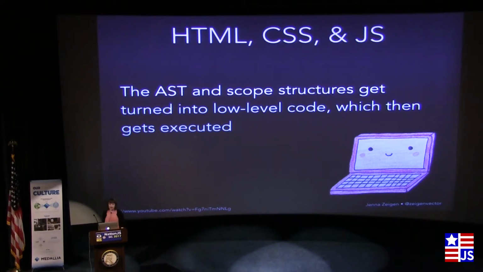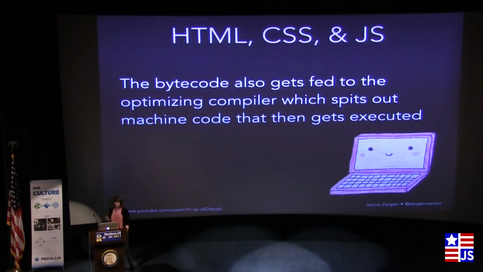Then the next step for V8 is that the bytecode gets executed by an interpreter, which is called Ignition. The bytecode is also then fed to an optimizing compiler, which recompiles the functions that get used a lot and are worth speeding up. In V8, there's only one optimizing compiler called TurboFan.